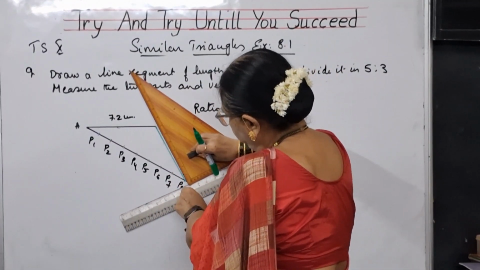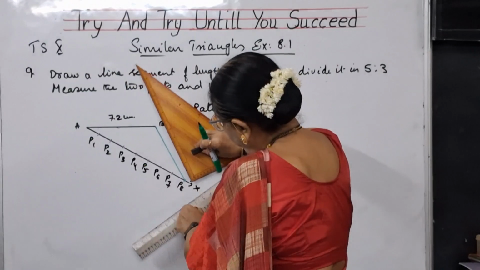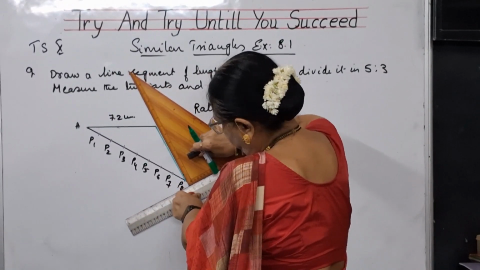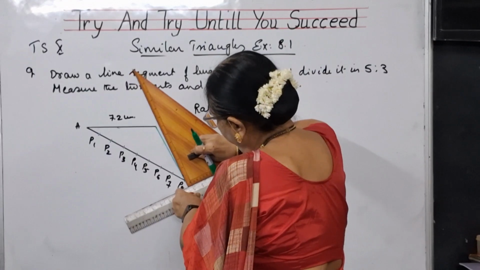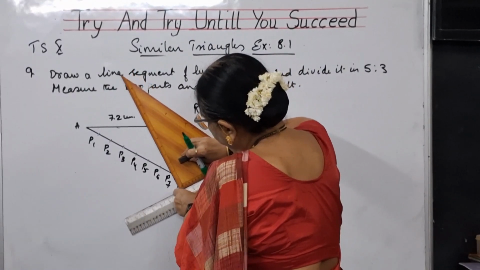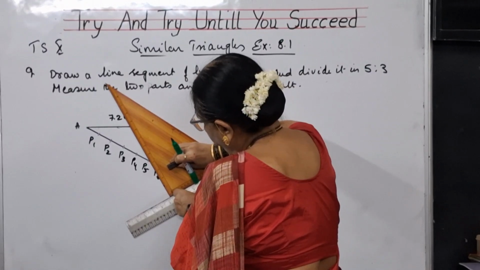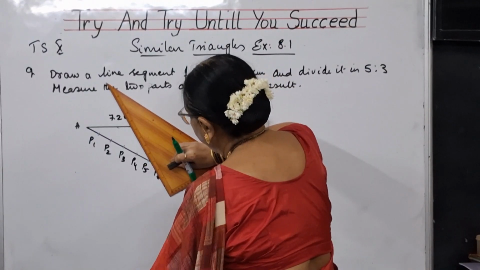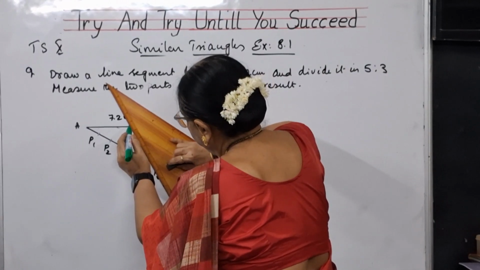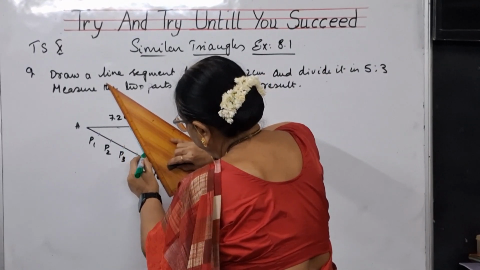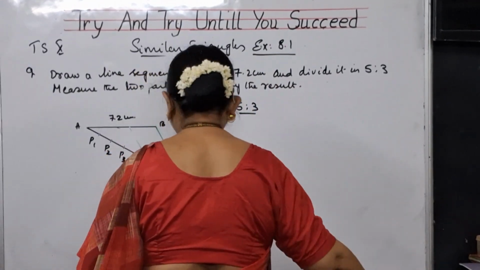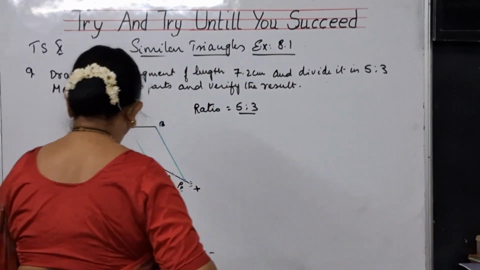You have to keep like this. Set square on one side, and the scale you have to keep in such a way that it will be attached to this set square. Now this has to be moved up to P5. Now you have to draw a line like this. So this is parallel.